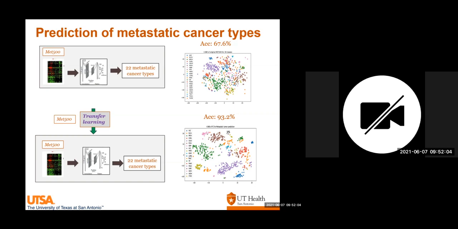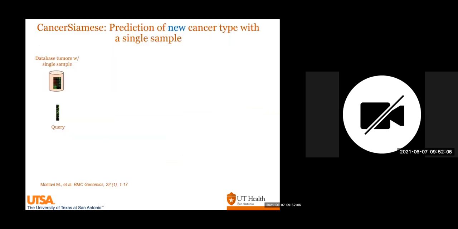And then we went on to build a model to predict new cancer types from a single sample. So as you can see in most of the biomedical research, and certainly in this particular application, collecting samples is a very expensive process.